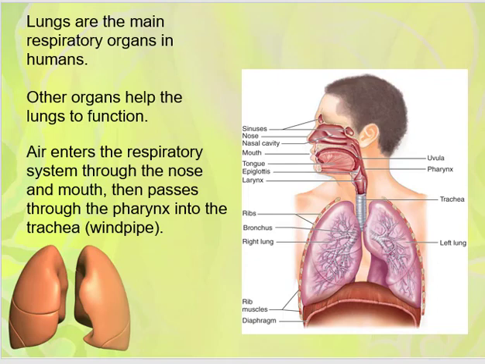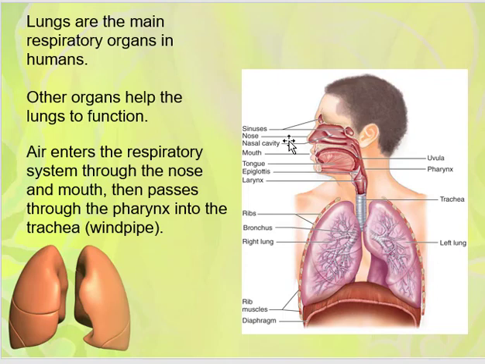Air enters the respiratory system through the nose. You have these little bones in the nose called turbinals, and they basically cause turbulence in the nasal cavity. And this allows the mucous membranes, which tend to be kind of moist, to attract and have foreign particles filtered out of the air before it gets down into your system.